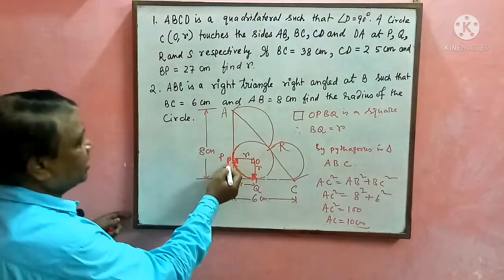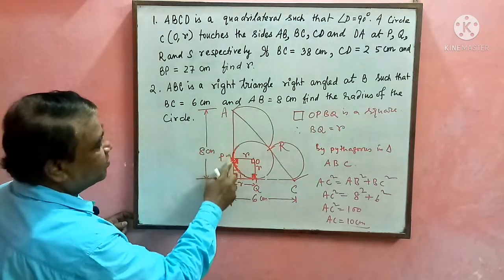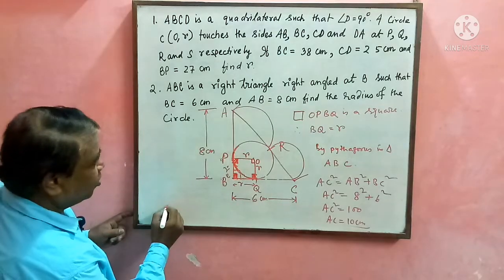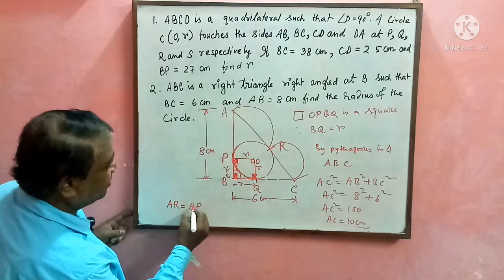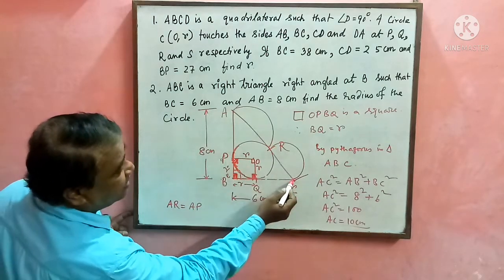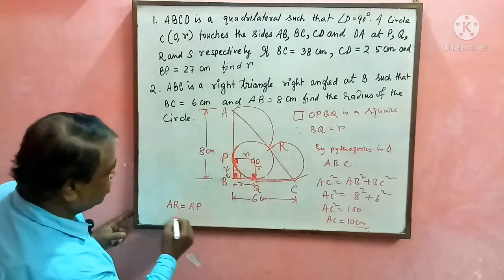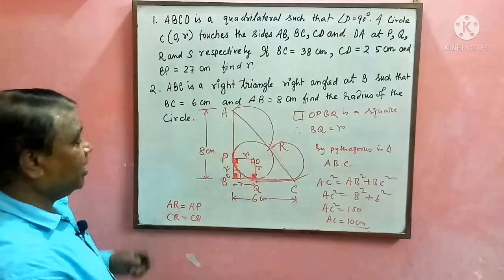Now we know AR is equal to AP, this point is P. Now AR is equal to AP, and again these two are the tangents, CR is equal to CQ, okay?